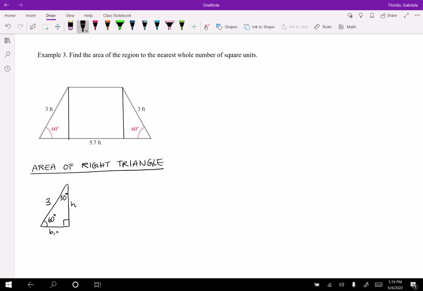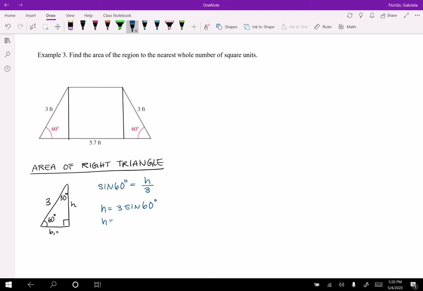We could use sine or cosine to find either h or b sub 1. So I'm going to actually find h first. And so we're going to be using sine of 60 degrees is equal to h over 3. And so if we solve for h, we get h is equal to 3 sine of 60 degrees.